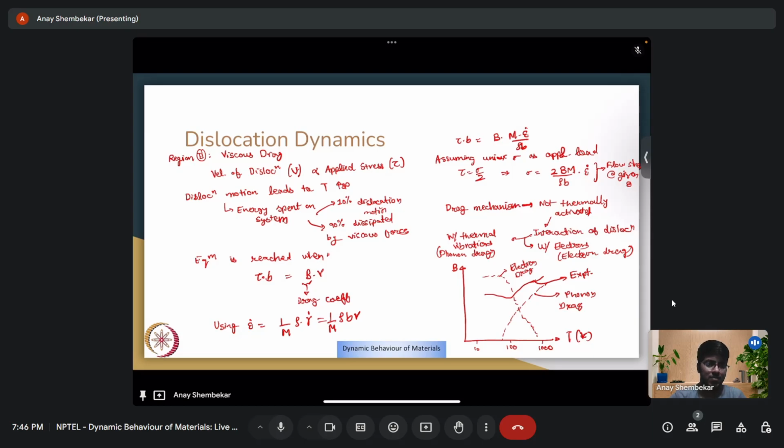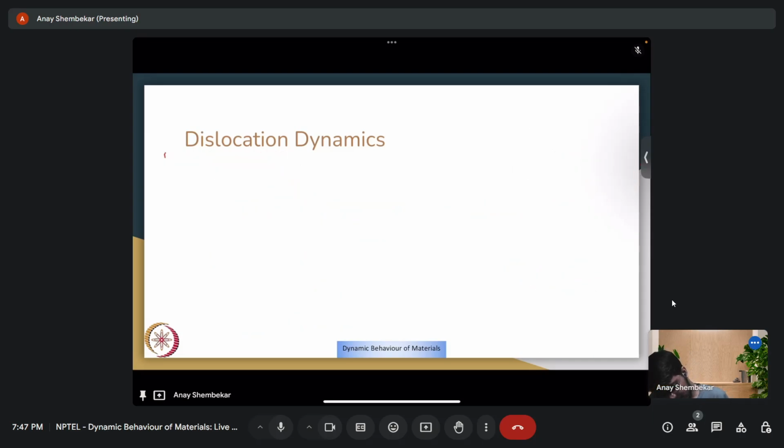Again, as the atoms vibrate more with increases in temperature, they interfere with dislocation motion. So beyond a certain temperature, they'll start dragging it, resulting in some sort of drag, so to speak. The final part is the third region, where you have relativistic effects.